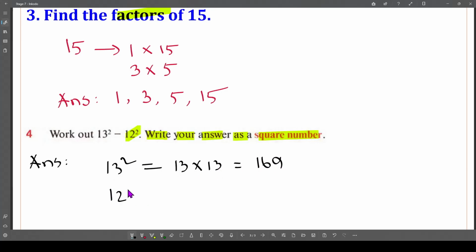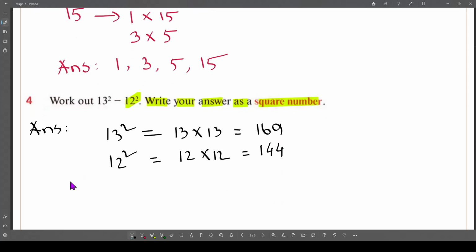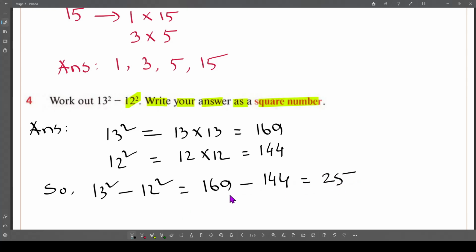Then 12 squared is 12 times 12, which is 144. So 13 squared minus 12 squared means 169 minus 144, which is 25.